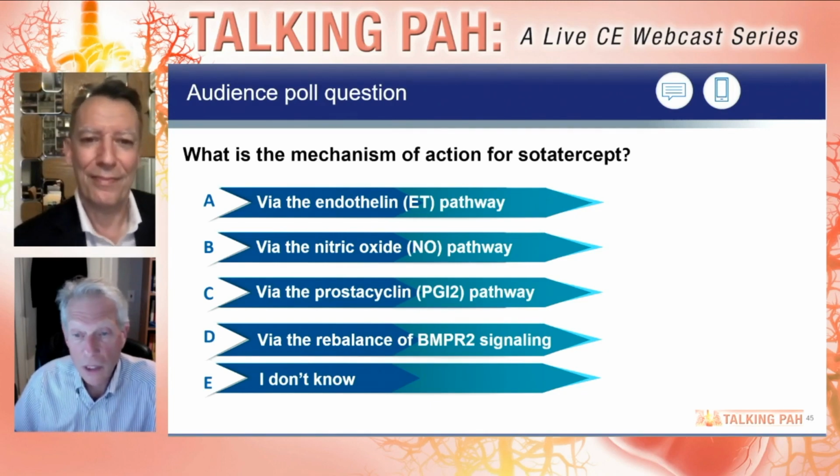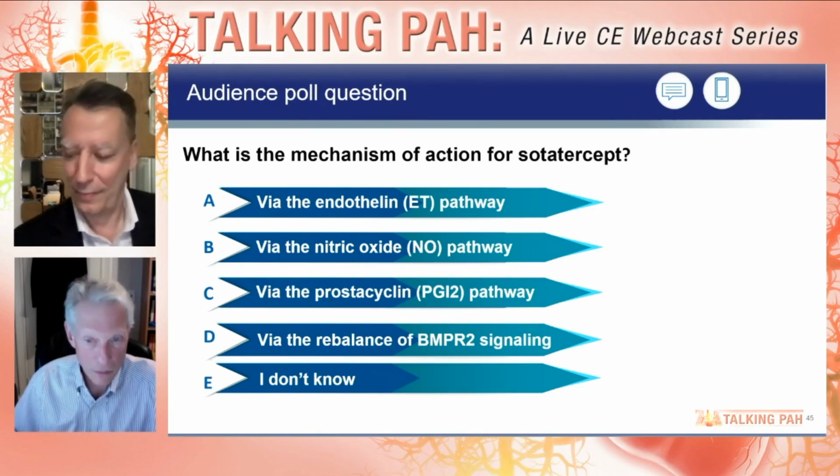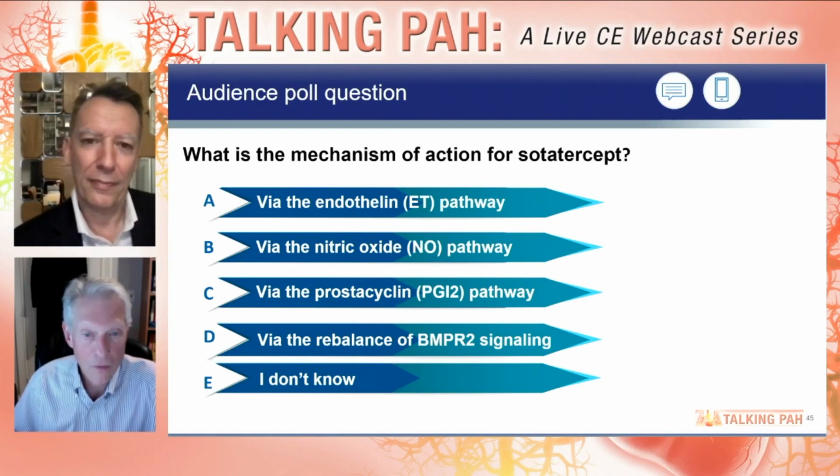But to me, the triple therapy, which really the European data and your own data shows is the best approach, is the best way of getting our patients feeling better and living longer.